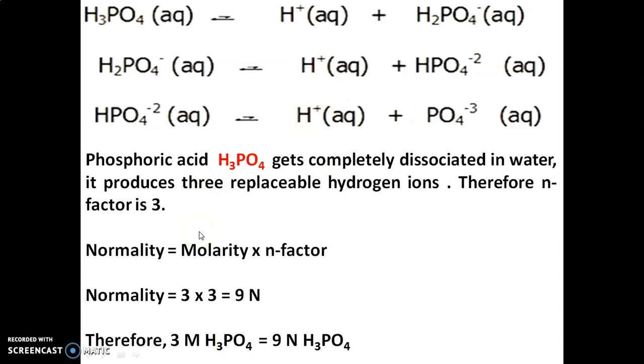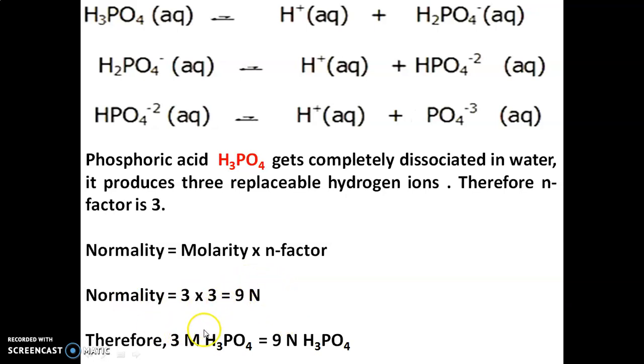We know the relationship between normality and molarity. Normality is equal to molarity into n factor. We want normality, they have given molarity. How much is given in the question? 3 into n factor, which here is 3. Therefore 3 into 3 is nothing but 9, means normality is equal to 9N.